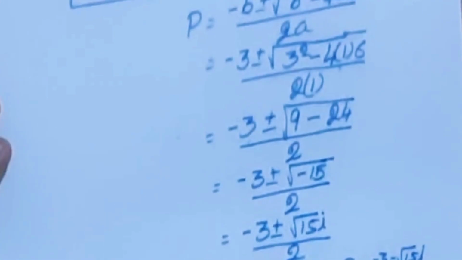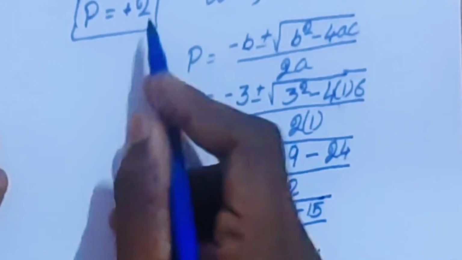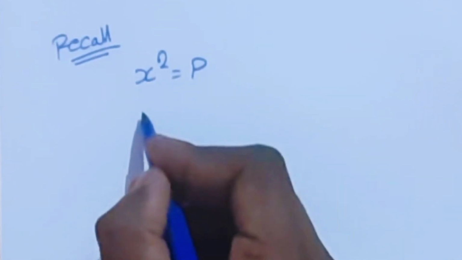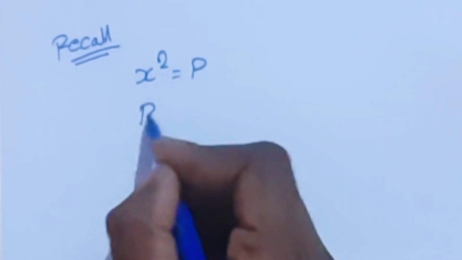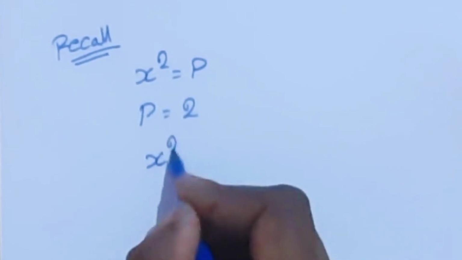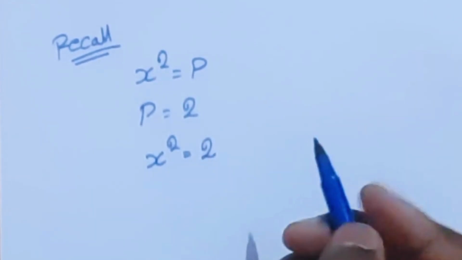Now we are going to take this P equal to 2. From here, recall x square equal to P. Now, as we found that P equal to 2, applying this here, x square equal to 2.